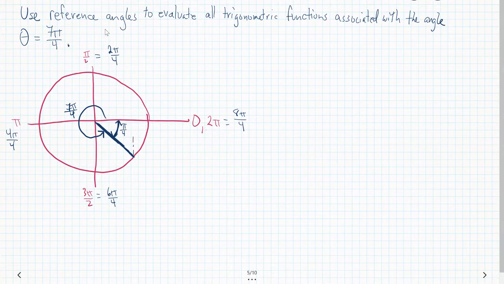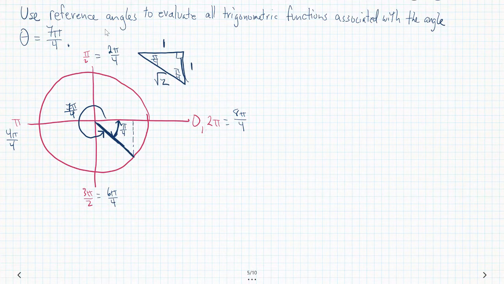If we have pi over 4, hopefully you're getting good at radians. We already talked about this one. If I have pi over 4 and another pi over 4 right here, because this is 45, 45, there are a couple different ways you can look at this. You can make it a unit circle if you want. What I'd recommend, though, is just going 1, 1, square root of 2, because it's a common triangle that we know.